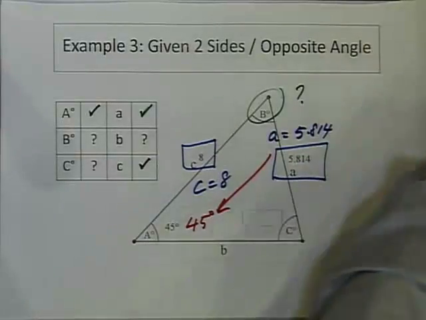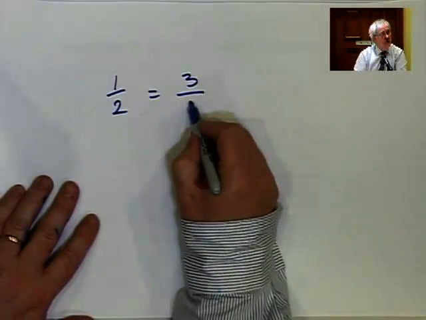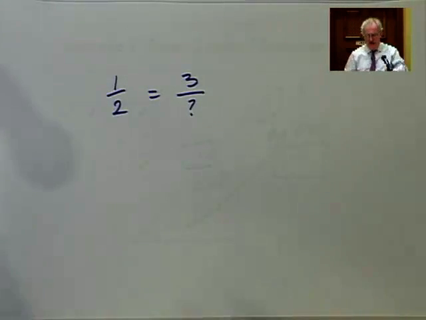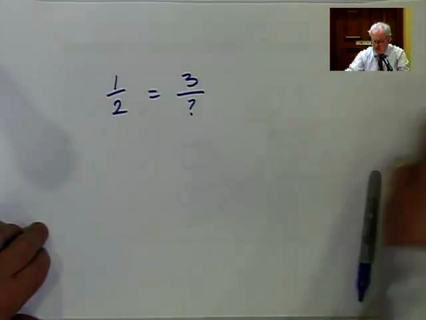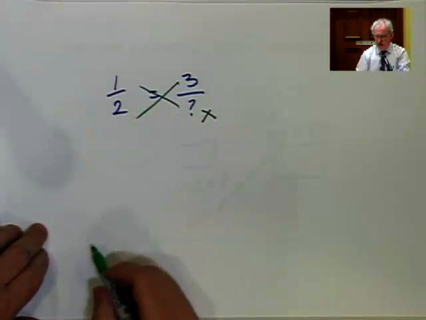If you think about it from a mathematics point of view, if somebody was doing ratios with you, and they said, 1 over 2 is 3 over what? You managed to find it. You say, how did you do that? Well, it must be over something. Let's say it's over x. Well, if it's over x, let's crisscross.